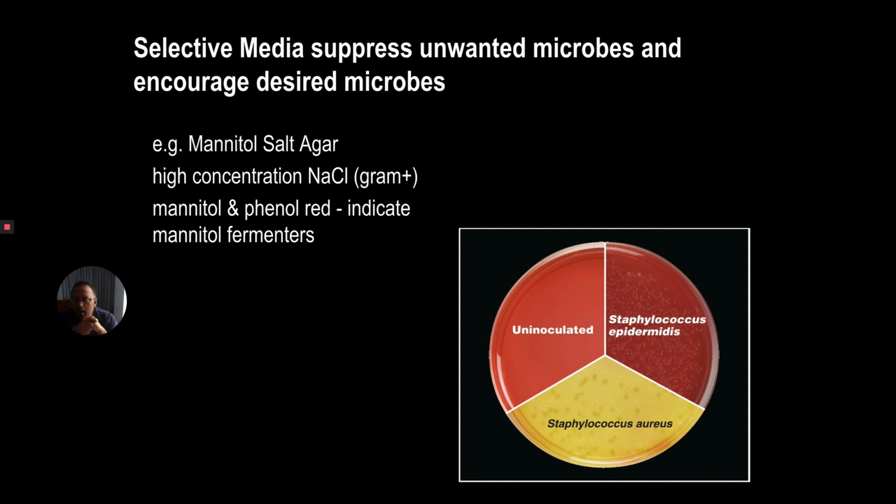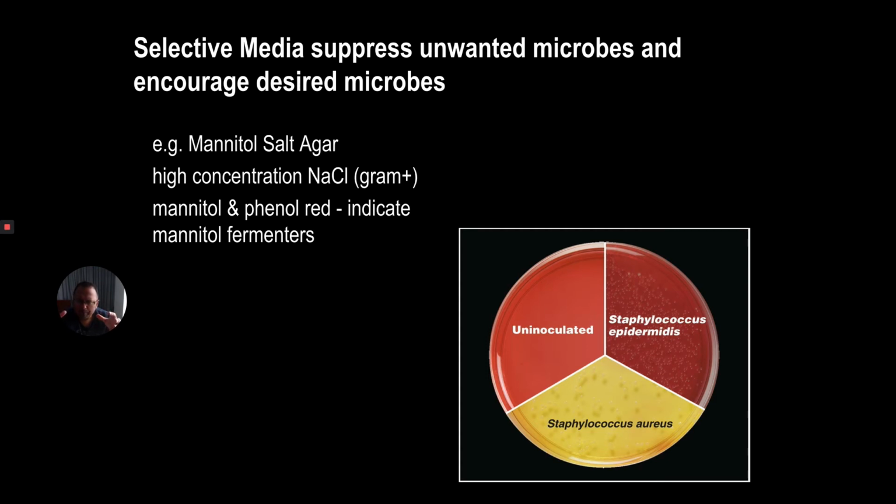So Staphylococcus epidermidis and Staphylococcus aureus are both able to grow in that environment. Now, on top of that, this medium contains mannitol, which is a sugar alcohol. It's actually used a lot of times to sweeten sugar-free candies, and phenol red, right, which is a pH indicator.